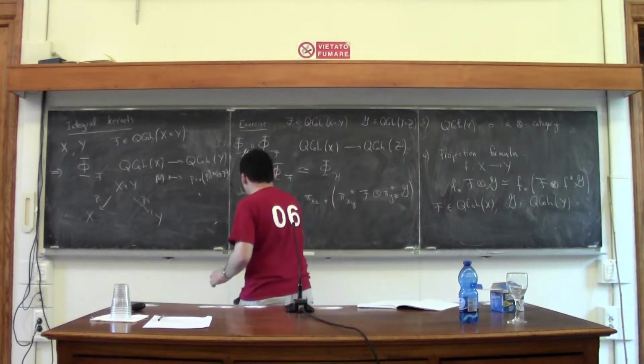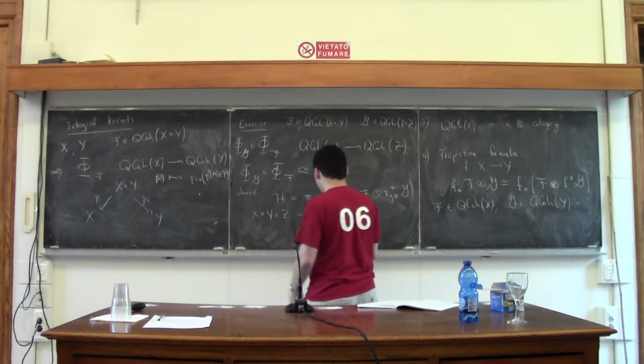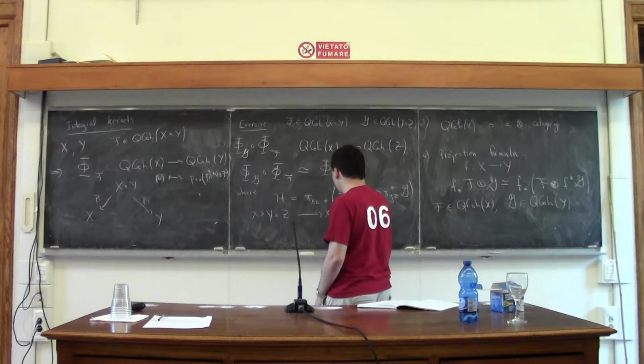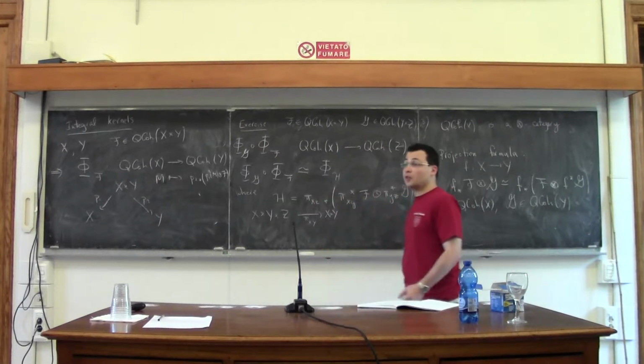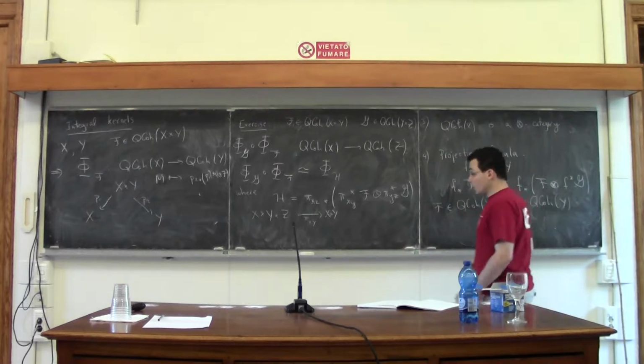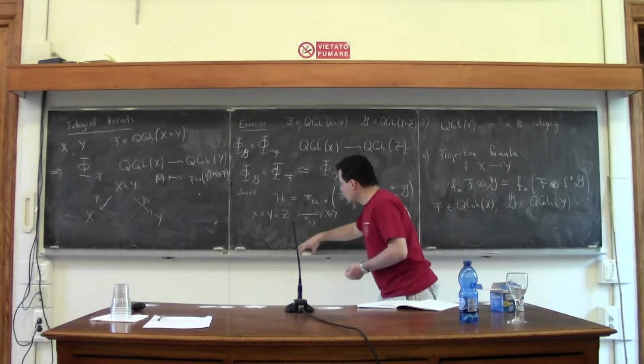We have x cross y cross z, and this projects onto, say, x cross y, and this is pi xy. Similarly for the other projections. So this is the exercise.